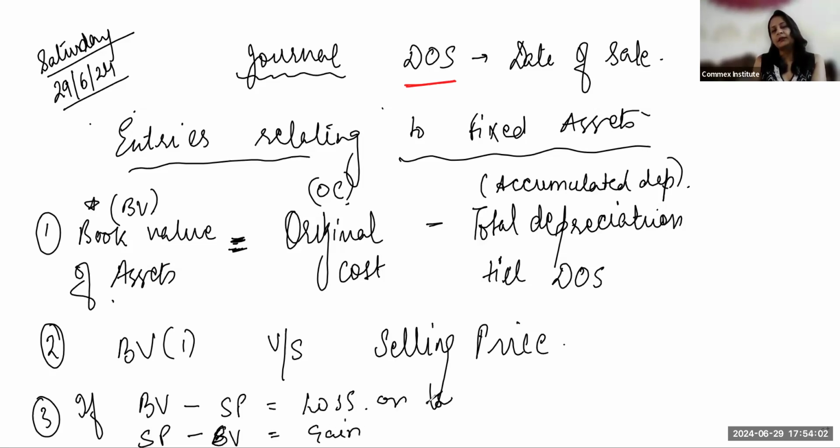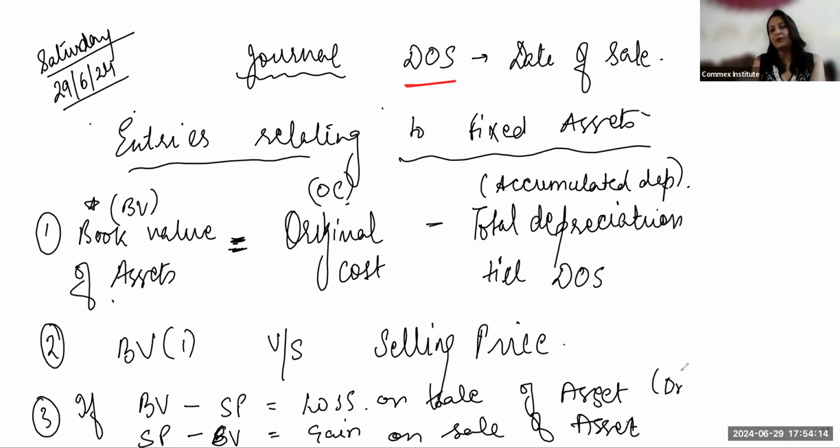Loss on sale of asset or gain on sale of asset. And you know that if it is loss, it should be debited, and if it is gain, it will be credited. We know that losses are debited and gains are credited. The rule is clear. Okay.